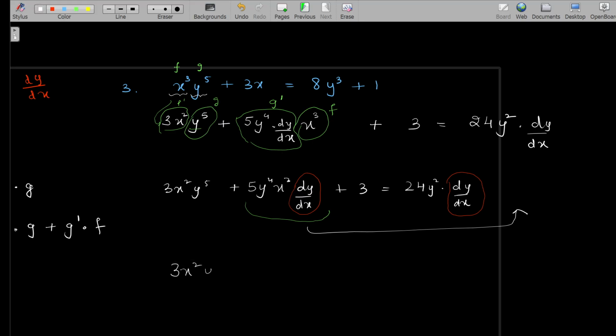So this will be plus 3 equals 24y square dy over dx minus 5y raised to 4 x cube dy over dx.